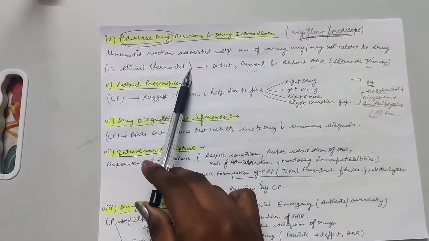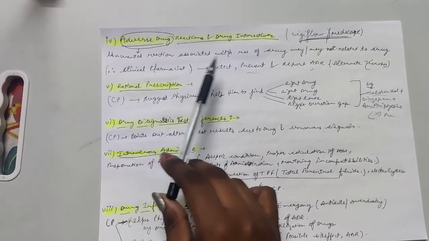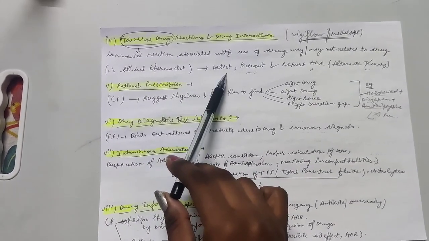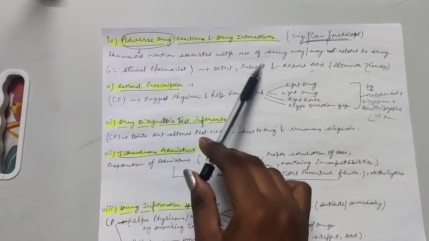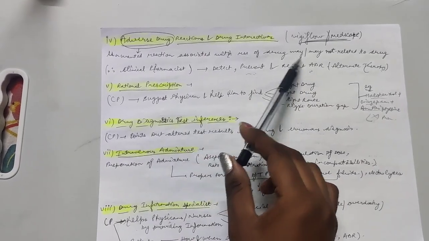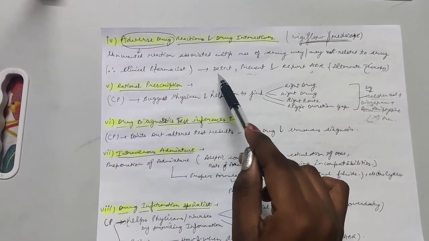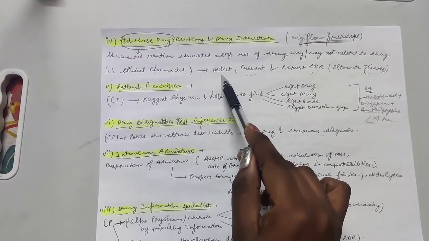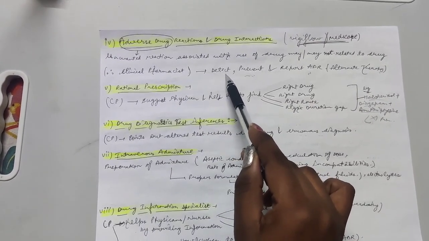Therefore, the clinical pharmacist is a specialized person who detects the ADR, helps in preventing the ADR and reporting the ADR. Detection of ADR is done by seeing the patient file.